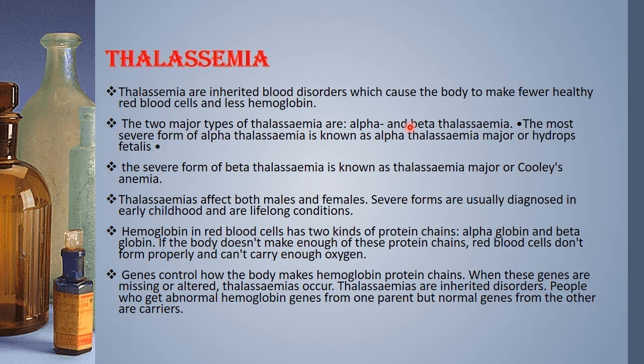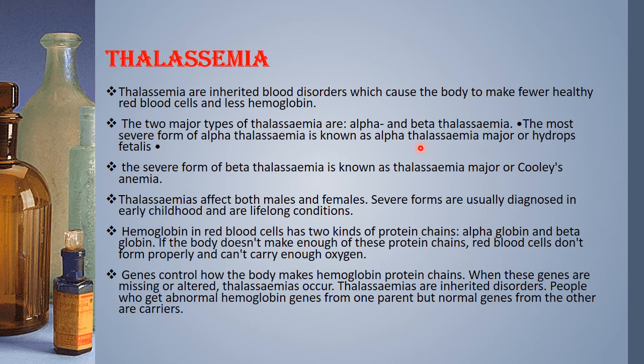They are dealing with the cases of thalassemia, and they are specifically in the blood transfusion for those types of patients. And as a result, this may occur due to the gene control, and here the body makes hemoglobin protein chain. When this chain is missing or altered, as I said before, thalassemia is going to occur.